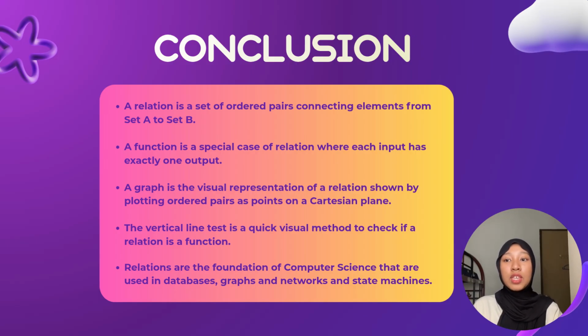Third, a graph is simply the visual representation of a relation where each ordered pair is plotted as a point on the Cartesian plane. And finally, we saw how these concepts are applied in real computer science systems, which are relational databases, graphs and networks, and state machines. So the conclusion of this presentation is: every function is a relation, but not every relation is a function.